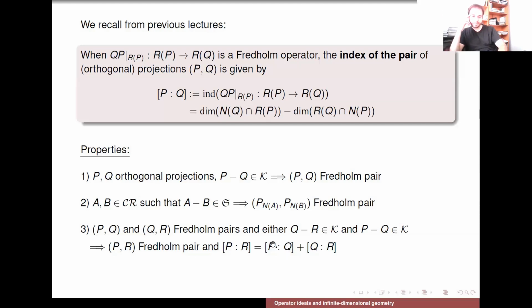But here, one needs to assume that this difference or this other difference is compact. If not, the result is false. This is, for instance, proved in the work of Avron, Seiler, and Simon about the index of two projections. We already mentioned that work.